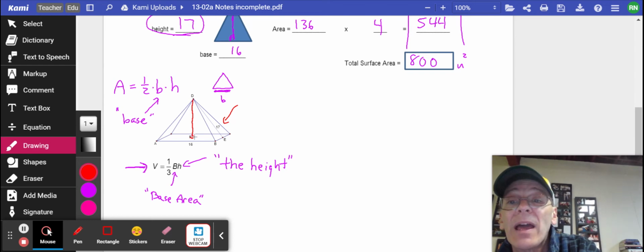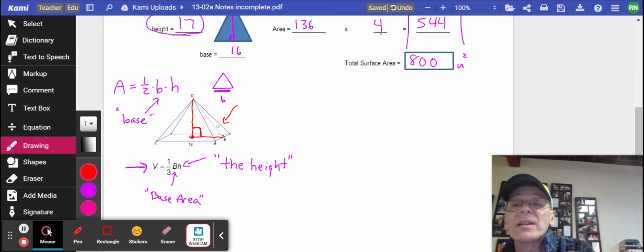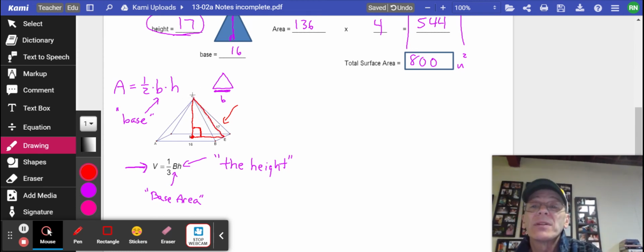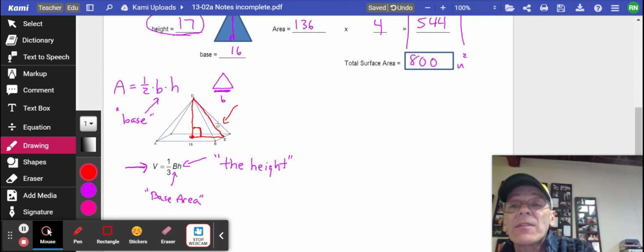If you connect that point F to point E, we create a really nice right triangle between points D, F, and E. Because that segment DF from the top of the pyramid straight down to the center of the base forms a right angle with segment FE, and then connect E back to D, and we've got a really nice right triangle in there. And we know the length of the hypotenuse. It's 17.